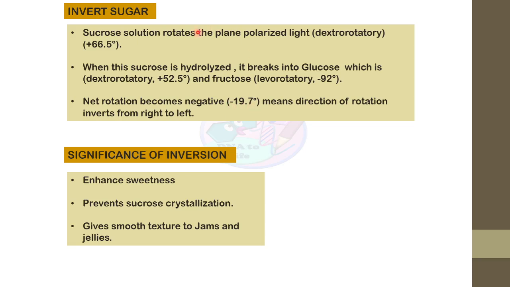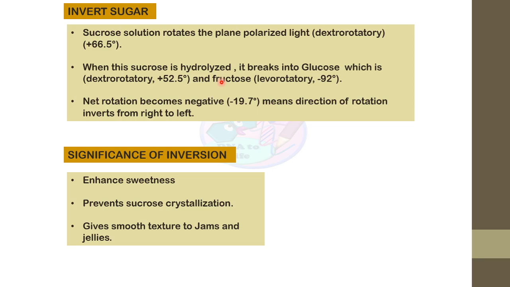Initially the rotation was in the right direction, meaning the sucrose solution was dextrorotatory. Now it has become levorotatory. Since it is inverting the property of this sugar from dextrorotatory to levorotatory, it is called inverse sugar. Why is this important? Because now in this solution fructose is present and fructose is sweeter.